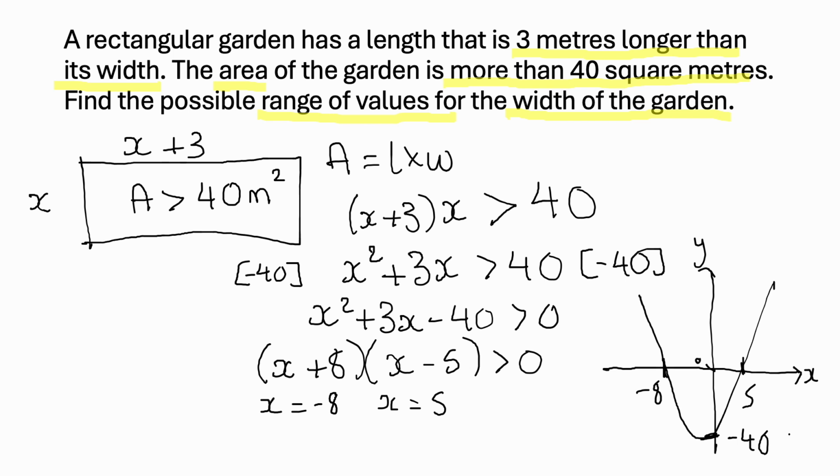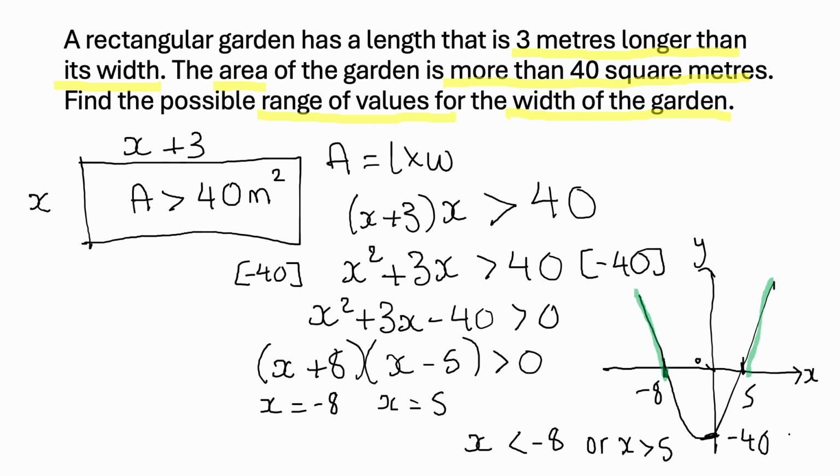So for x squared plus 3x minus 40 to be greater than 0, we are looking at the parts of the quadratic curve which are above the x-axis, higher than 0. That is going to be this one here and this one here. So x has to be less than -8 to satisfy the one on the left, or x has to be greater than 5 to satisfy the one on the right.